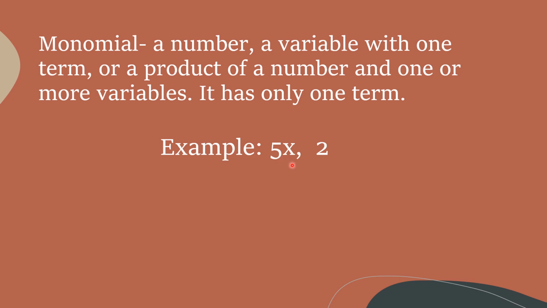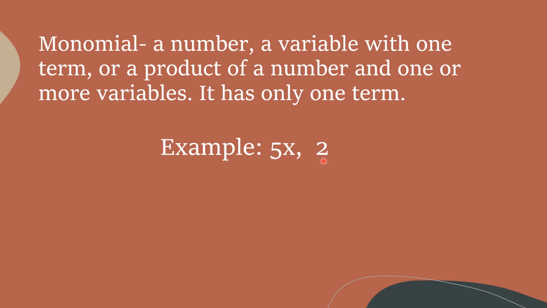So 5 times x is 5x. So from the definition, sabi natin, product daw siya ng number at saka ng variable. And also, yung 2. Yung 2 is a number. Simply just like that. So kapag siya is number lang, meaning it is a monomial.